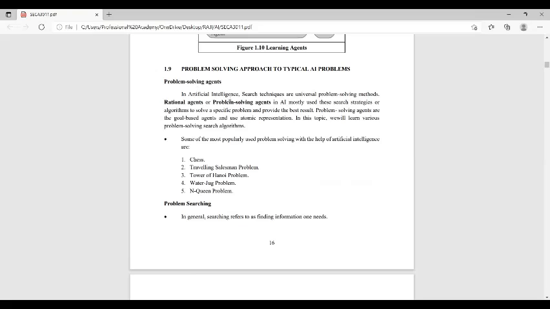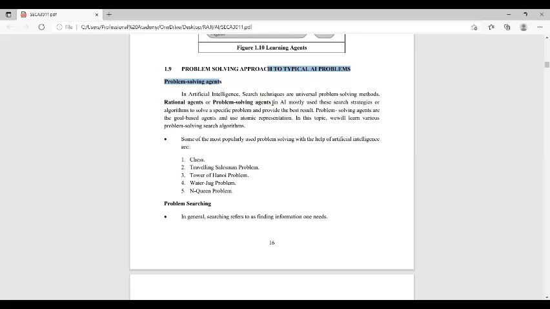They are mostly using search techniques. So this is one of the problem solving approaches in AI, called search techniques. Mostly a rational agent or problem solving agent in AI uses those search strategies. It has an algorithm to solve a specific problem and provide the best result.